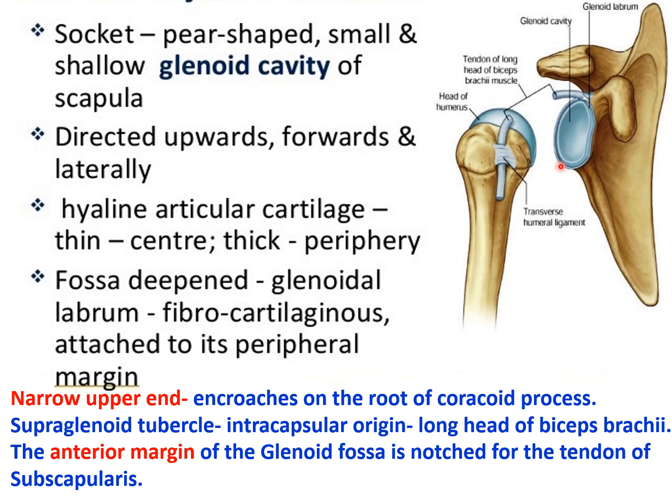Then the fossa is deepened by the glenoid labrum, which is a fibrocartilaginous structure attached to its peripheral margin for the head to sit properly in the socket.